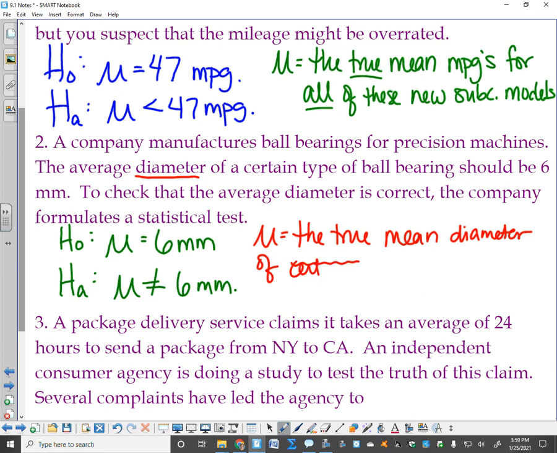I should write that up. Certain type of ball bearing. I can't spell. Yeah, pretend that's right. The true mean diameter of a certain type of ball bearing made by this company. Whatever. Okay.